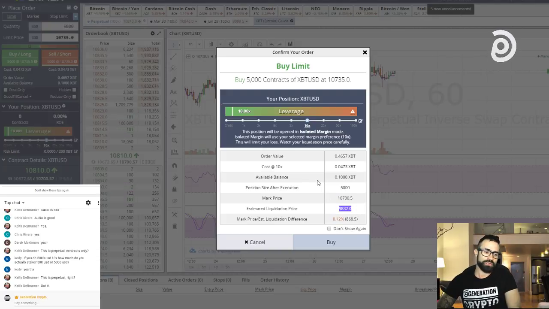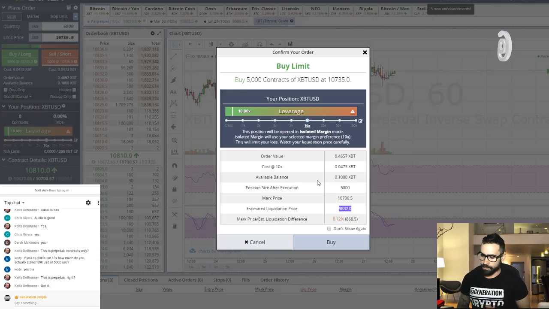What liquidation does, since this isn't a typical exchange and we're margin trading on here, is that's where that position would get completely liquidated. There is no margin call. They won't call your phone. They won't send you an email. It's just pure liquidation.